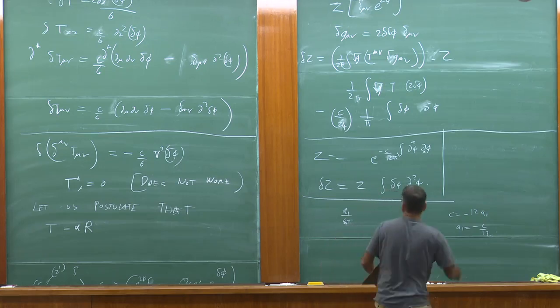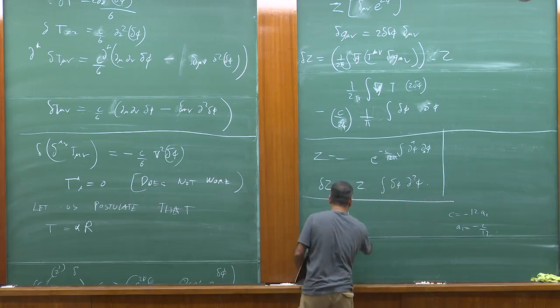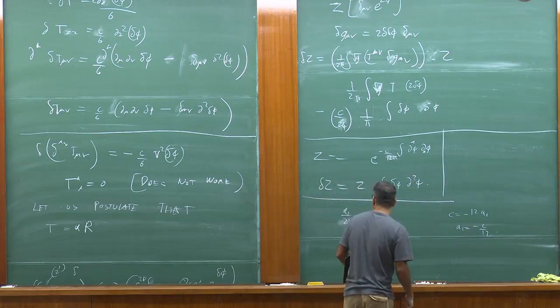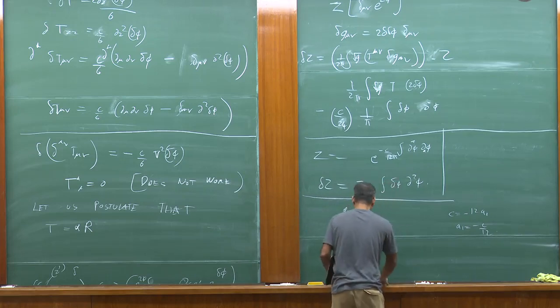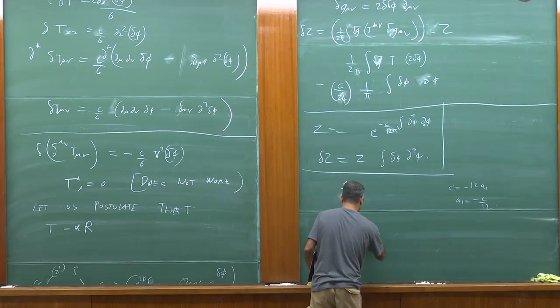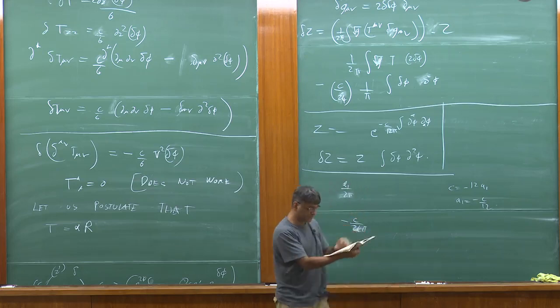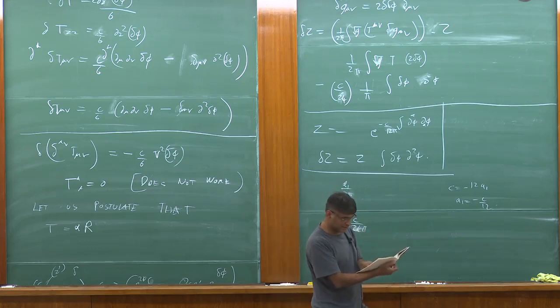Sorry, he writes it with a by 2 pi. So now we're off by a factor of 2. He gets minus C by 24 pi. By the way, he agrees with T is equal to C by 12R.